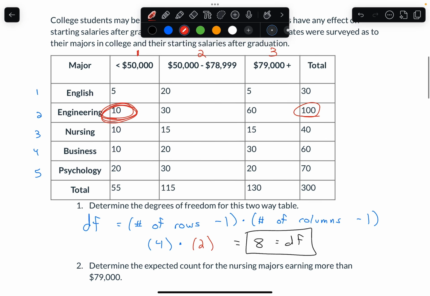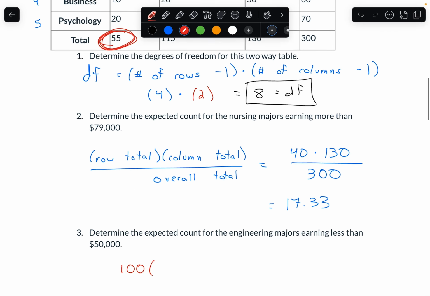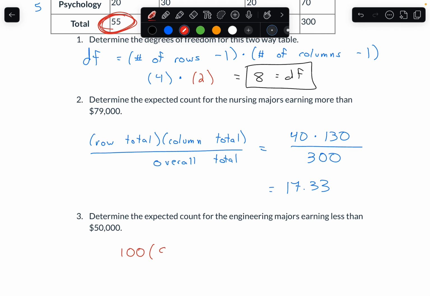The total number of graduates earning less than 50,000 would be 55 of those individuals. So 100 times 55, again divided by the table total. We said that was 300. It's the same as last time. So 100 times 55 divided by 300, and I ended up with 18.33.